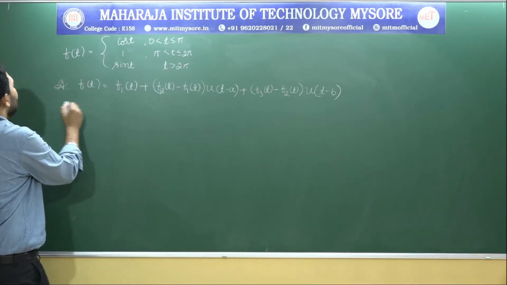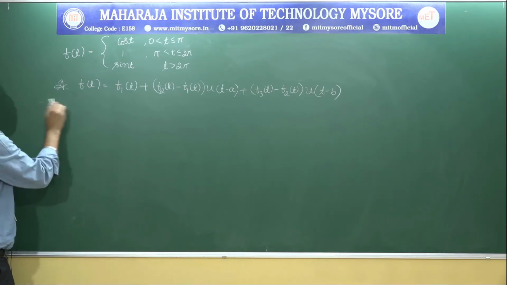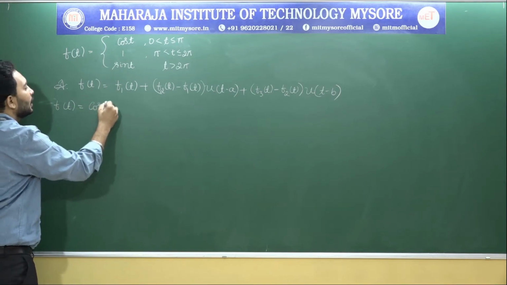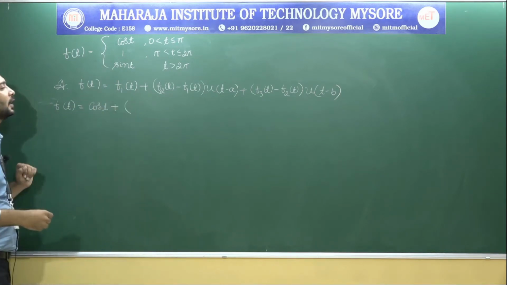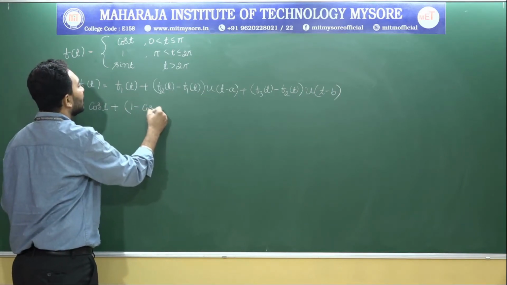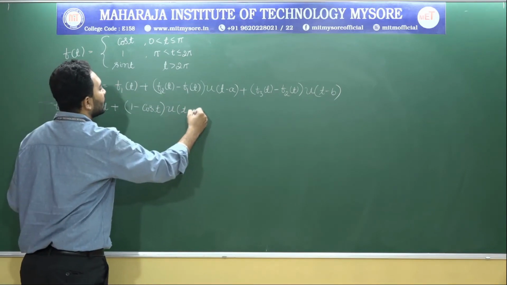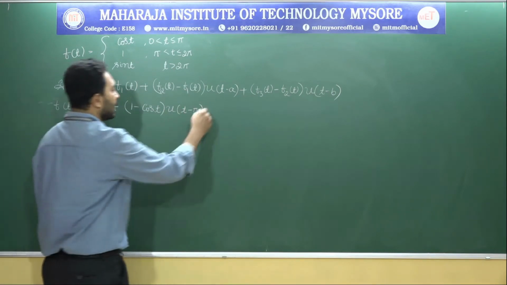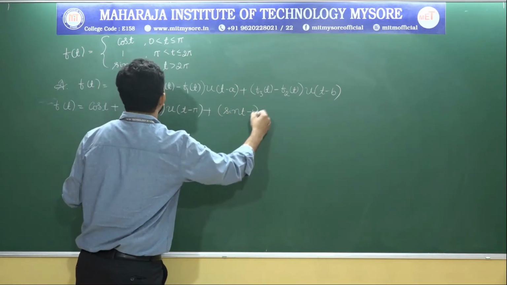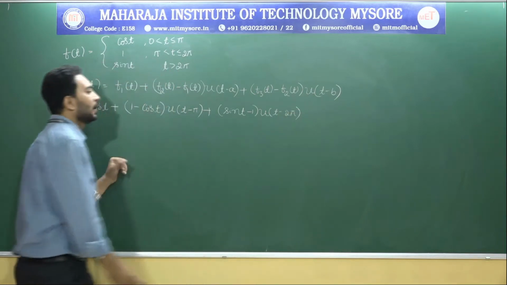So what is f of t here? Now apply this. It is f1 of t, cos t, plus f2 of t minus f1 of t, f2 of t is 1, so 1 minus cos t, into u into t minus pi, plus next sin t minus 1 into u into t minus 2 pi.